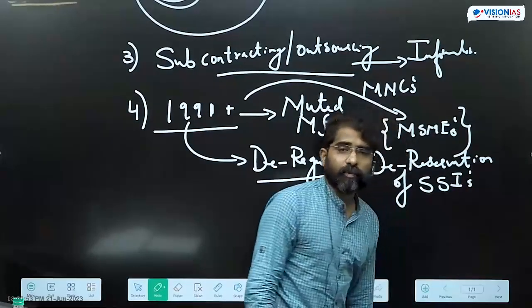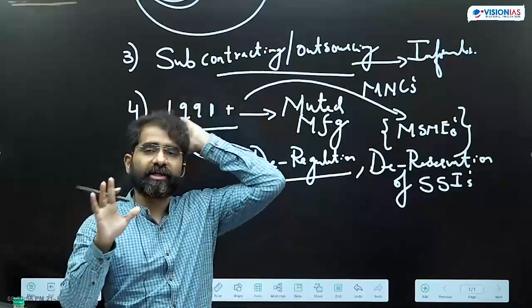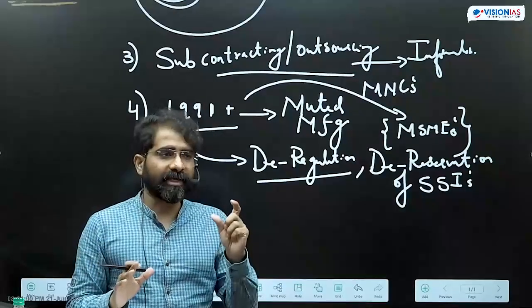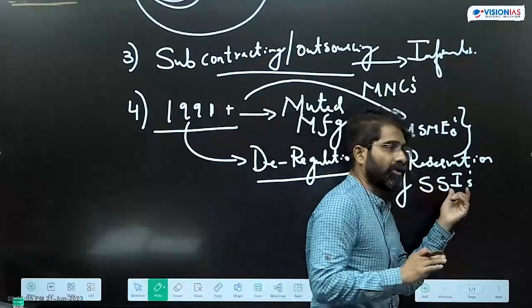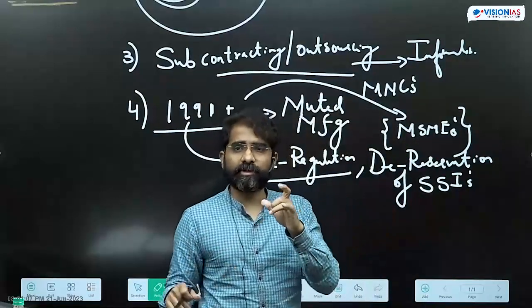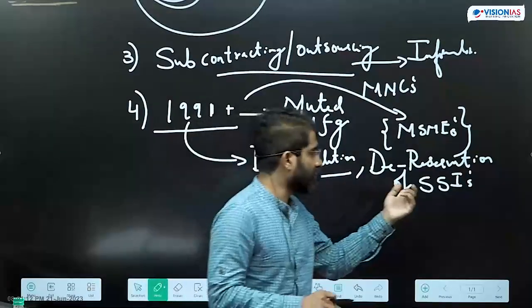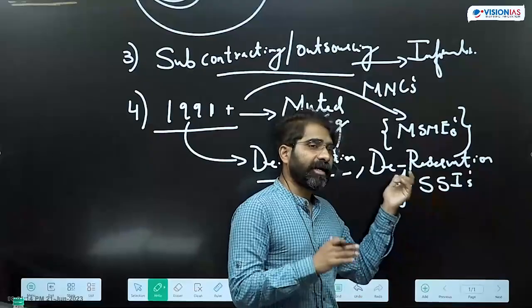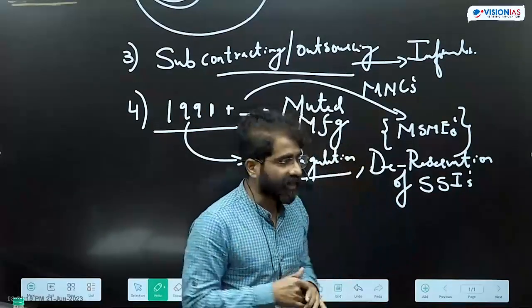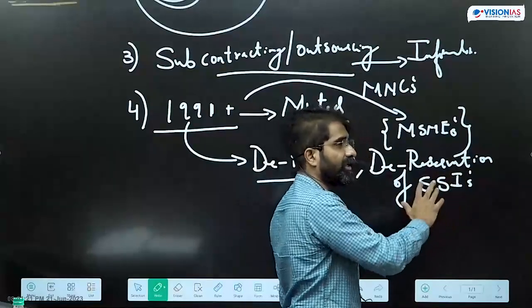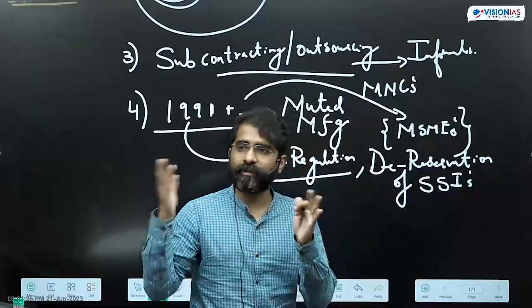Earlier there were certain items which would be produced only by the small scale industries. For example, let's say matchbox. Matchbox is reserved for the small scale sector, so the bigger player will not enter into the matchbox sector. These are some goods reserved for the small scale industries. But the 1991 LPG, the 1991 industrial policy, said we are going to de-reserve. De-reserve means the goods earlier reserved for the small scale sectors are opened up to everybody for efficiency.